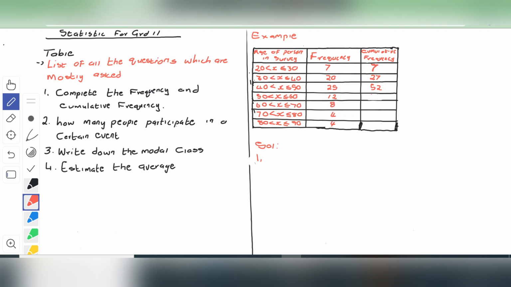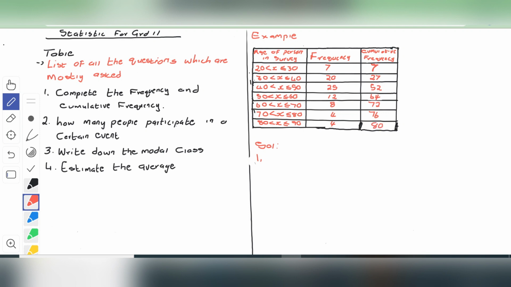Then after, it's going to be 52 plus 12, which is going to give us 64. Then 64 plus 8 is going to give us 72. 72 plus 4 is going to give us 76, and then 76 plus 4 is going to give us 80.